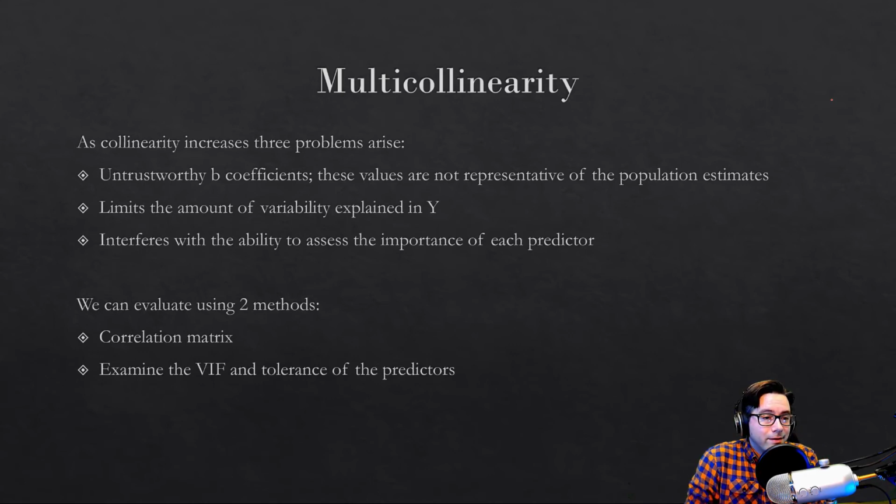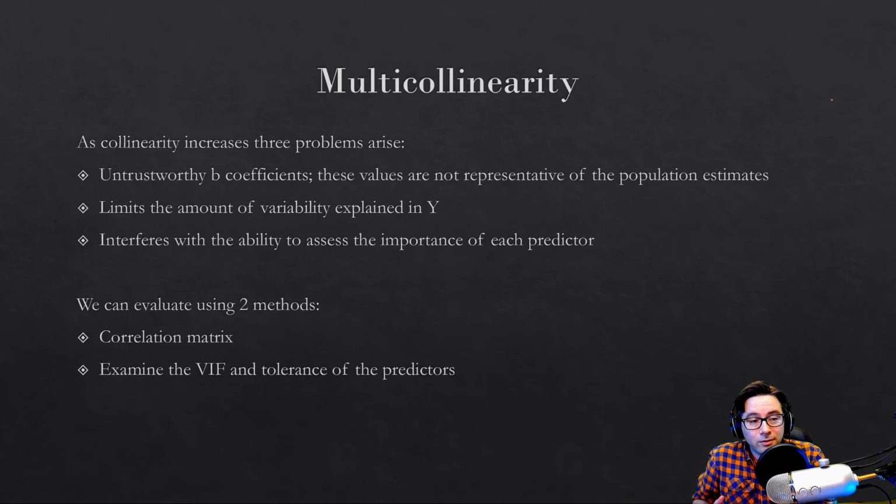As it says here on the slide, collinearity increases these 3 problems, right? Untrustworthy coefficients. These values don't represent the population, which is kind of the point of what we're trying to do. We're trying to predict Y, but they're muddying the results.